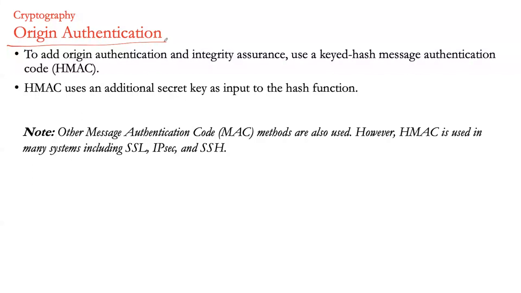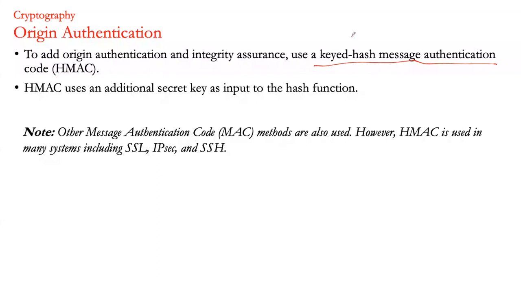To identify that, authentication is most important in the network. So to add origin authentication and give integrity assurance for any of the blocks or messages generated by the users in the network, it uses keyed hash message authentication.